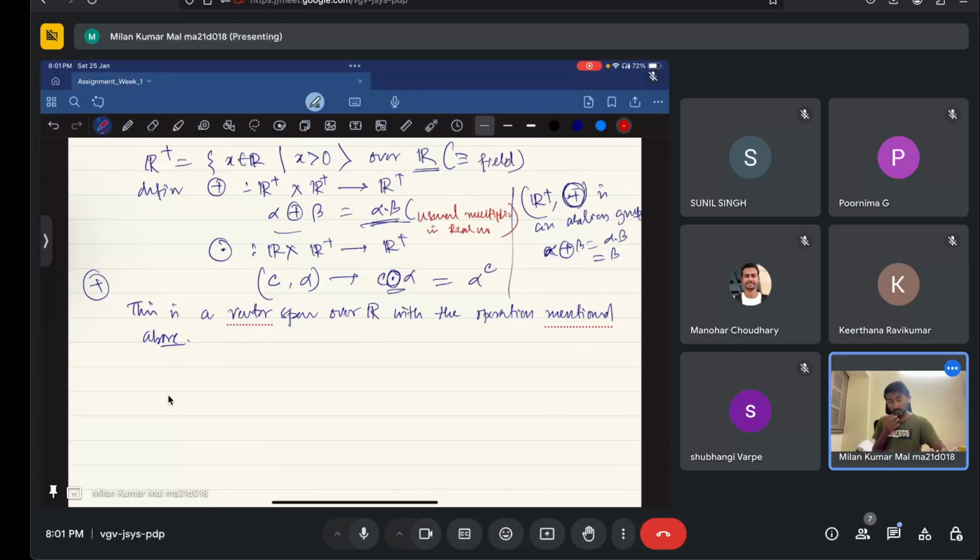Alpha plus beta equals beta dot alpha, that is equal to beta plus alpha. Okay, so this is a vector space.